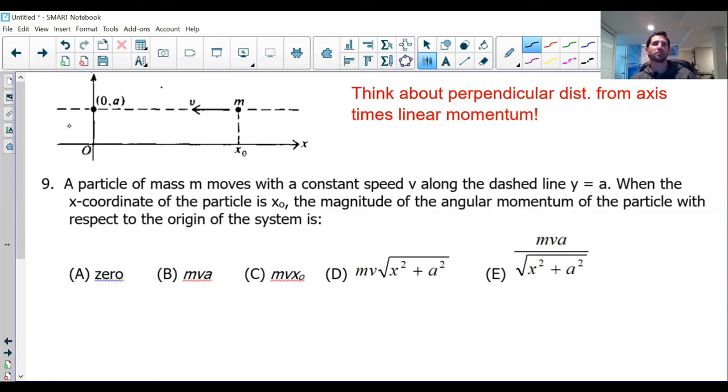Okay, so there's an easy way to do this question, and there's a more difficult way to do this question. I'm going to go through the easy way because it's the way I want you to really start to think about it. So here's our origin. What I want you to do is what it says here. Think about perpendicular distance from the axis times linear momentum. Here's what I'm getting at here, guys.